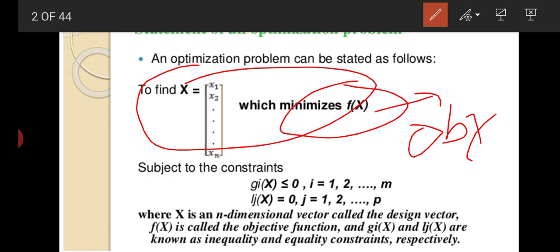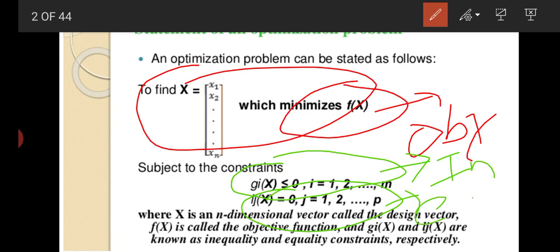First is the inequality constraint, g subscript i of x, less than or equal to 0. This is the inequality constraint. Whereas the second function, h subscript j of x, equal to 0, is the equality constraint.